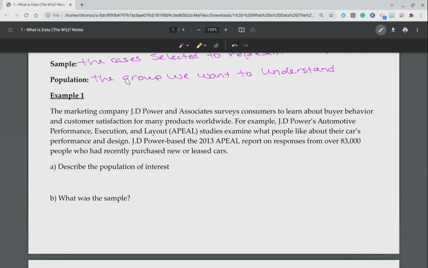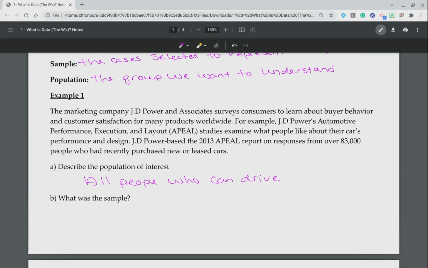This is all the people that we want to get the opinion from. Okay, so if we're talking about cars here, our population is going to be all people who can drive. All right, so anybody who's over 16. Now, we would not be able to find every single person in the United States, for instance, who was a driver. That would be impossible to survey.